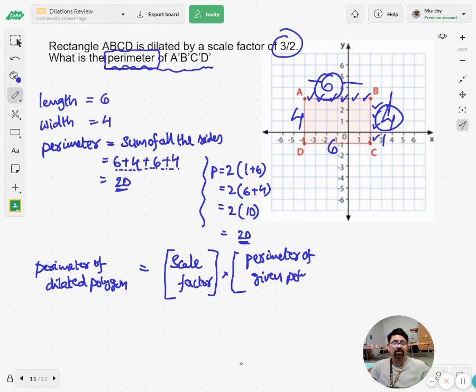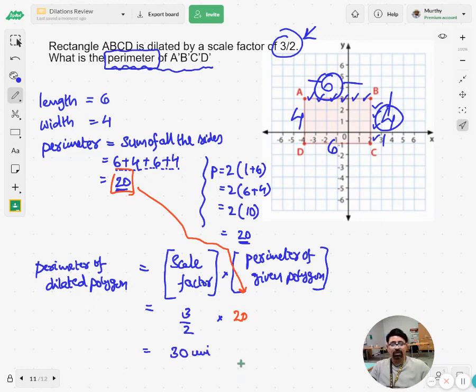In this case, it is a rectangle. Okay, so I know the scale factor here is 3/2 times what is the perimeter of the given, which we just computed, and we got 20 units. So just let me plug in here. You may make use of a calculator. 3 times 20, that gives me 60. 60/2, that is 30. So it is 30 units.